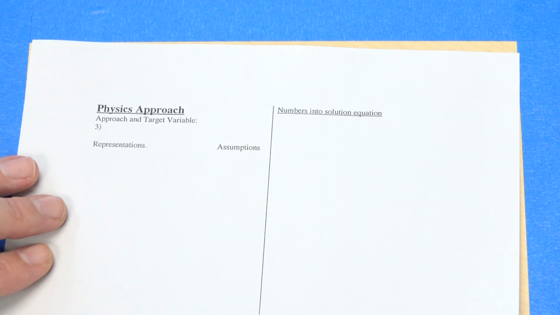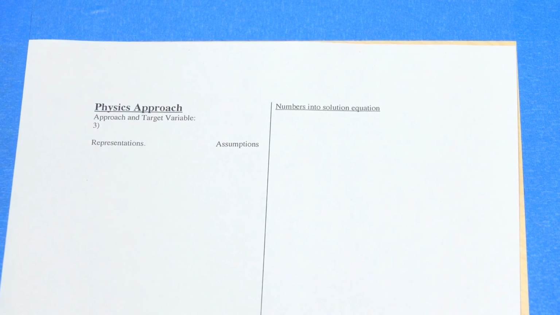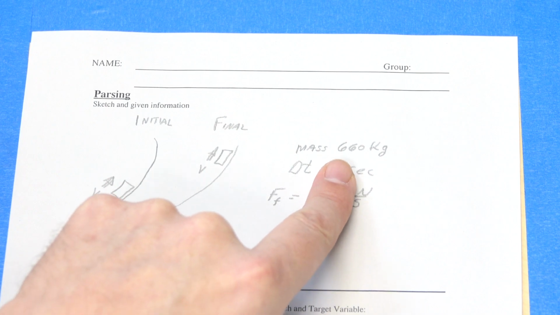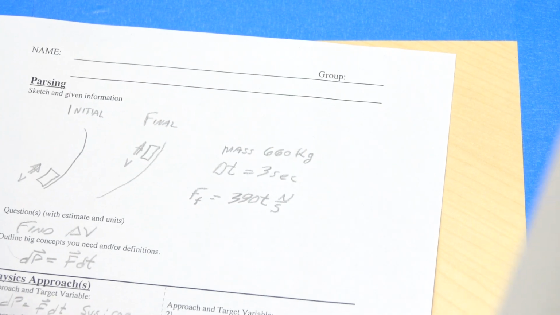So fortunately for us, this is all calculator math, because we know the mass from the first page was 660 kilograms.